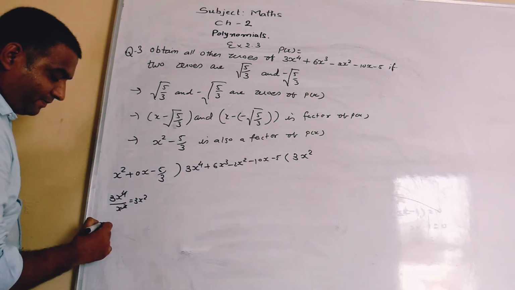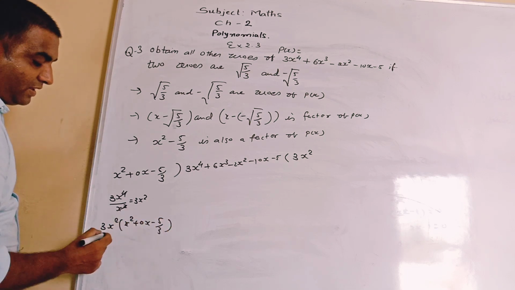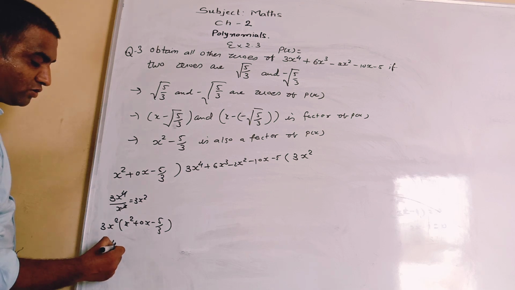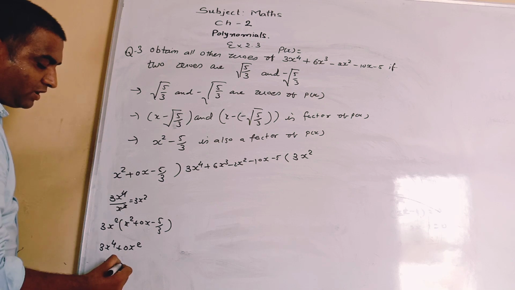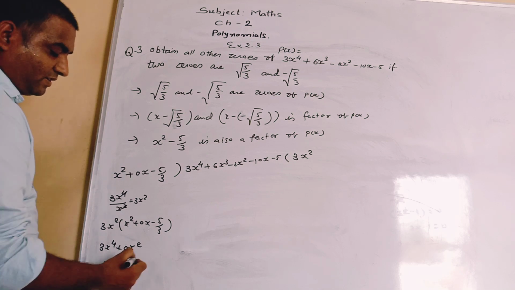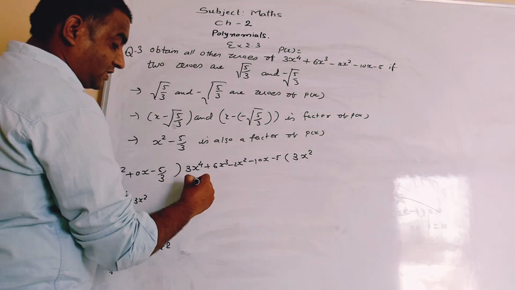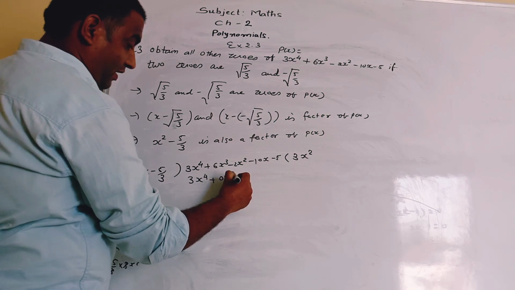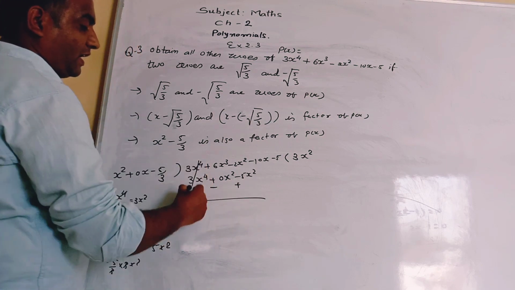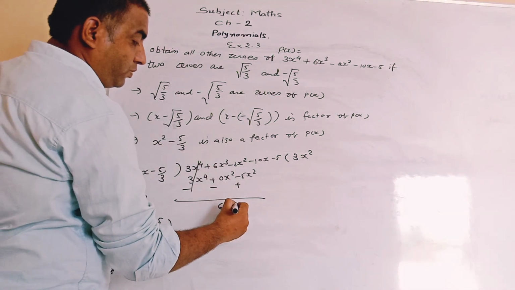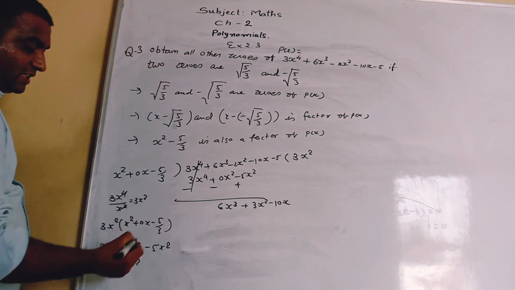Now 3x square multiplied by x square plus 0x minus 5 by 3: 3x square into x square is 3x raised to 4, 3 into 0 is 0x cube. Now minus 5 by 3 into 3x square, then 3 cancels, so it will be minus 5x square. So we write 3x raised to 4 plus 0x cube minus 5x square, minus minus plus, so cancel. 6x cube plus 3x square minus 10x, again 6x cube.